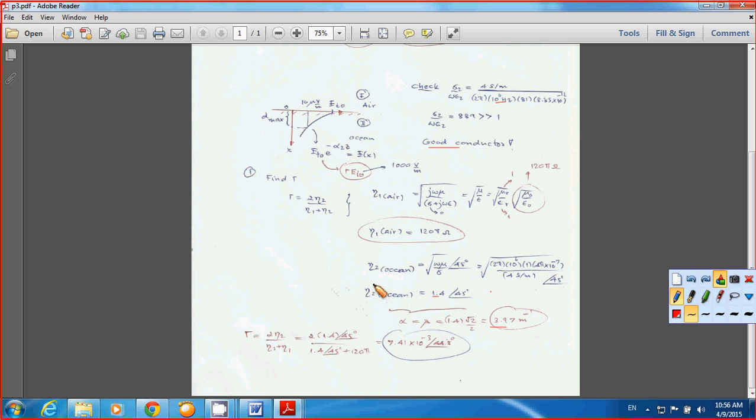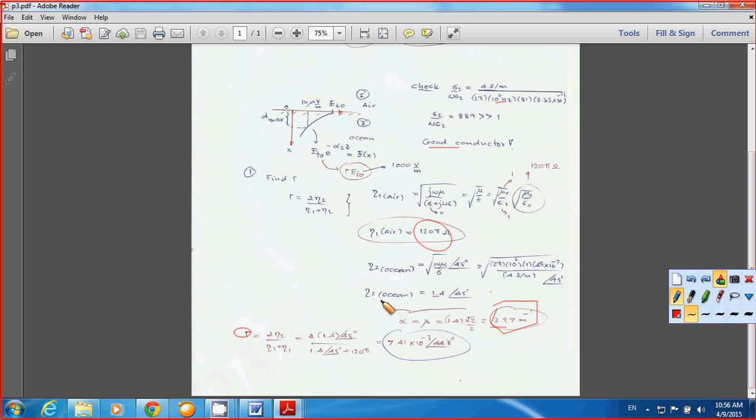So you already have eta 2, and you already have eta 1. So you can find the transmission coefficient. This is equal to 2 eta 2 over eta 2 plus eta 1. So you plug in the numbers here.